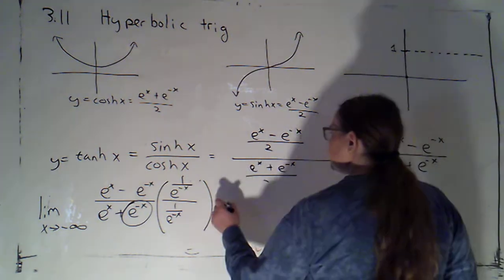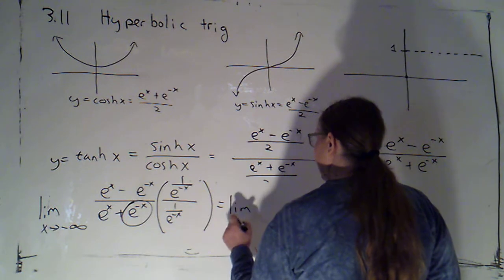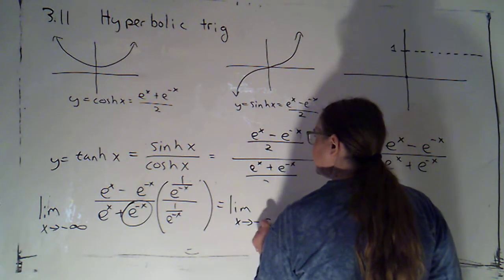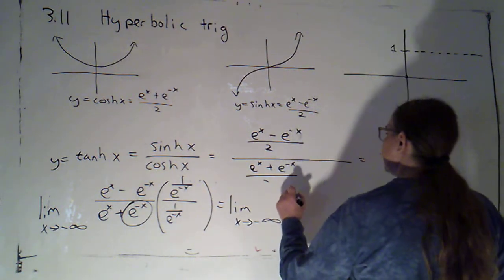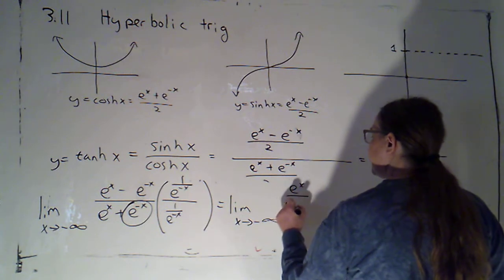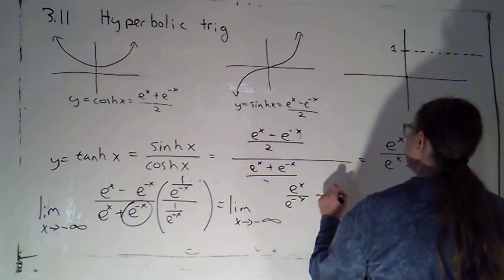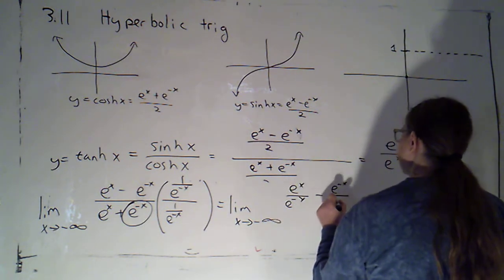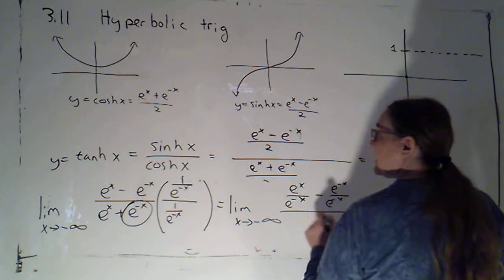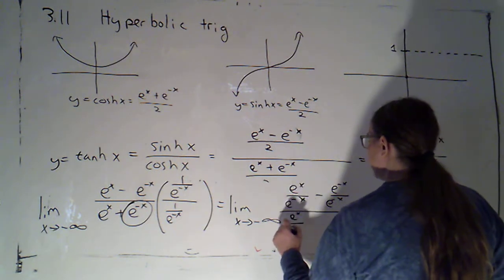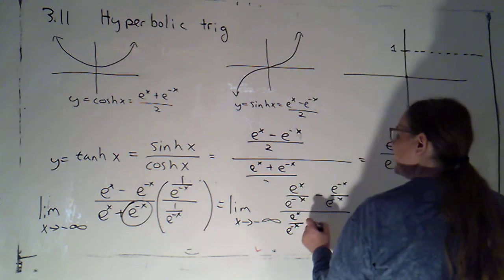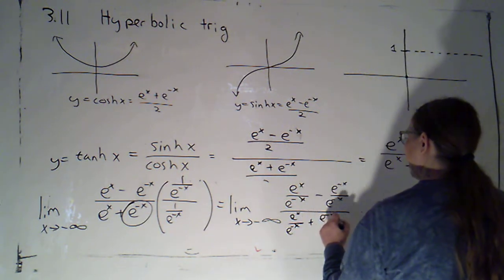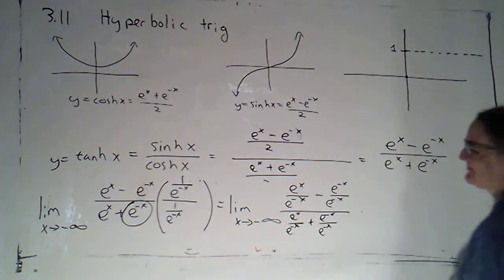Okay, so this becomes the limit as x goes to negative infinity of e to the x over e to the negative x minus e to the negative x over e to the negative x all over e to the x over e to the negative x plus e to the negative x over e to the negative x.